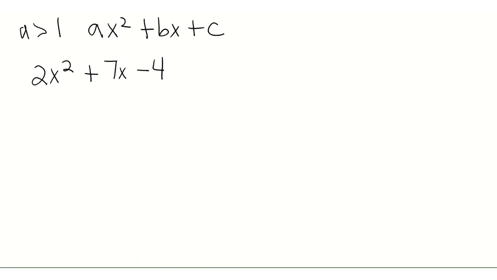We notice our a isn't 1, so that tells us we need to multiply our a times c together and get that factor. So a times c is going to give me 2 times a minus 4, which is going to be a minus 8.